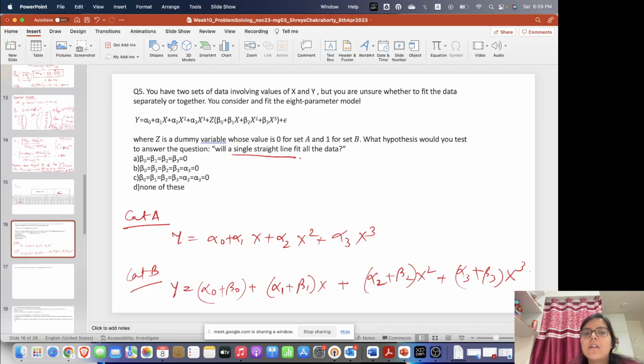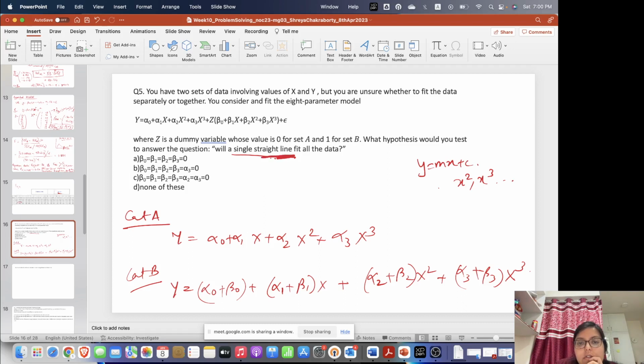Okay. So we have to fit a straight line. So the line would be y equal to mx plus c. We should be careful not to fit anything with quadratic or x cube terms. Okay, a single straight line.